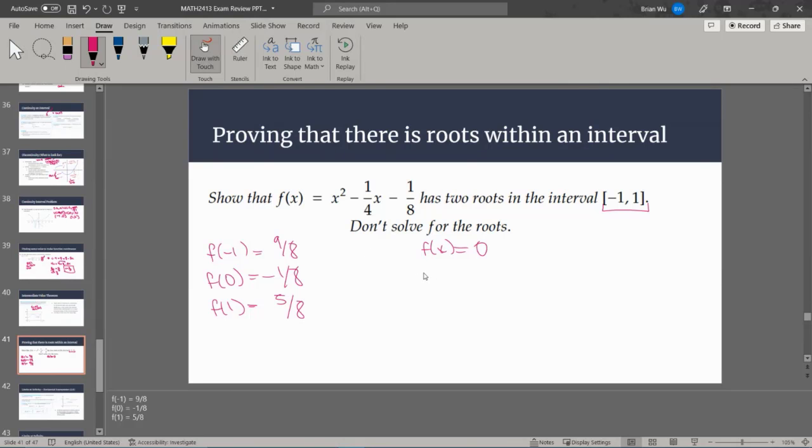So if we want to prove that there's a root between -1 and 0, there's 9 over 8, 0, and -1 over 8, and by IVT, it proves that there should be some point c in between.